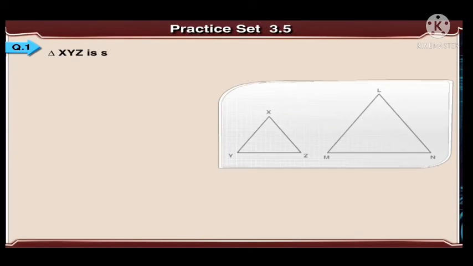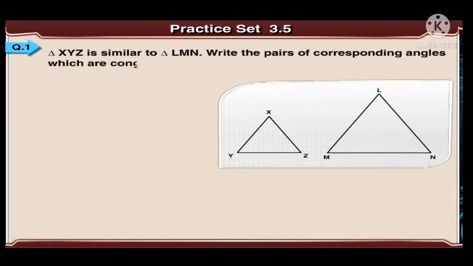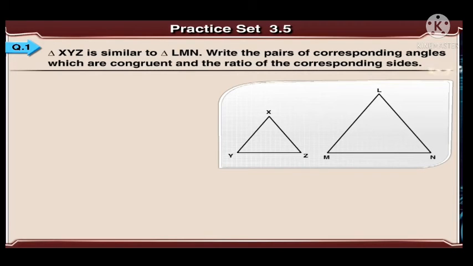Practice set 3.5. Question number 1. Triangle XYZ is similar to triangle LMN. Write the pairs of corresponding angles which are congruent and the ratio of corresponding sides. Solution. Triangle XYZ is similar to triangle LMN.